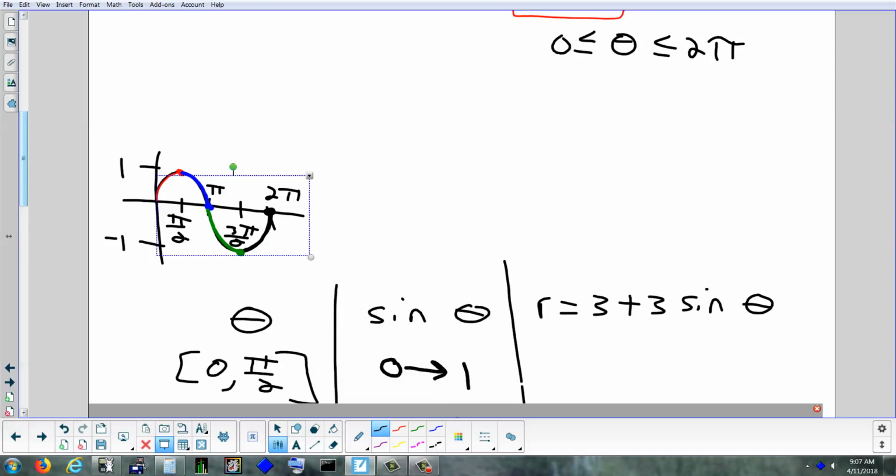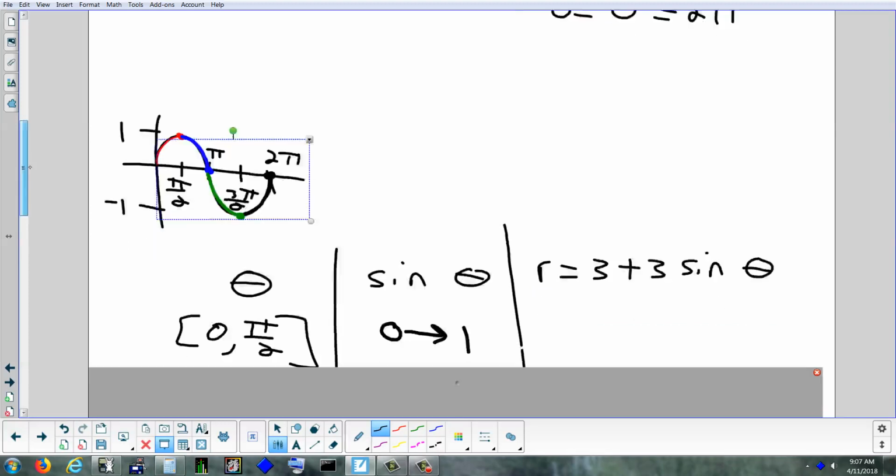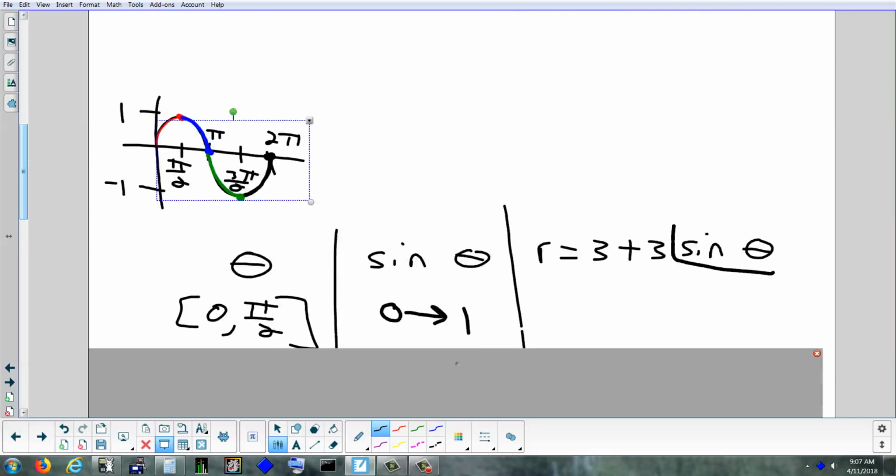Any question on that? So now we know what's happening here. That's going from 0 to 1. All right. So if that's going from 0 to 1, let's see what's happening on the low end and then on the high end. What's 0 times 3? 3, and then plus 3?